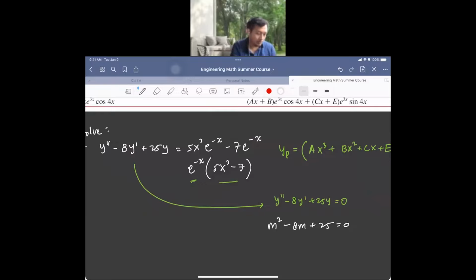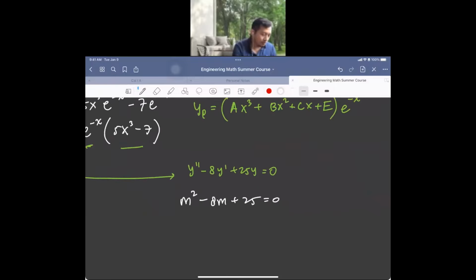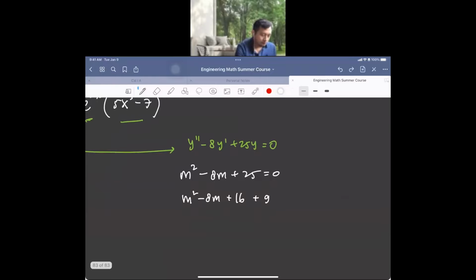I think this will not have complete roots, right? So we need to use the quadratic formula or complete the square into standard form. So we can write this as plus 16 plus 9 minus plus 9, right? So m minus 4 plus 9.